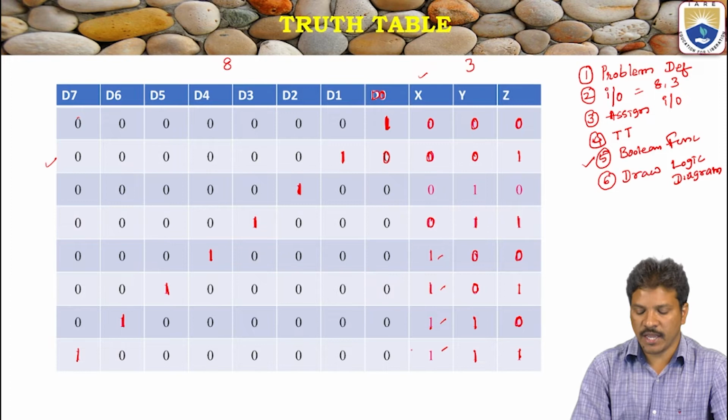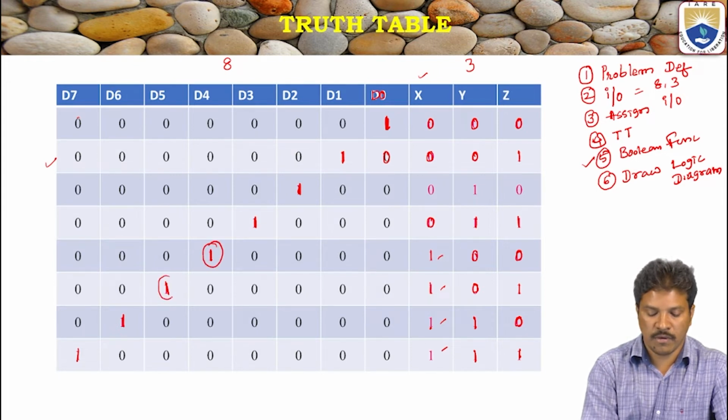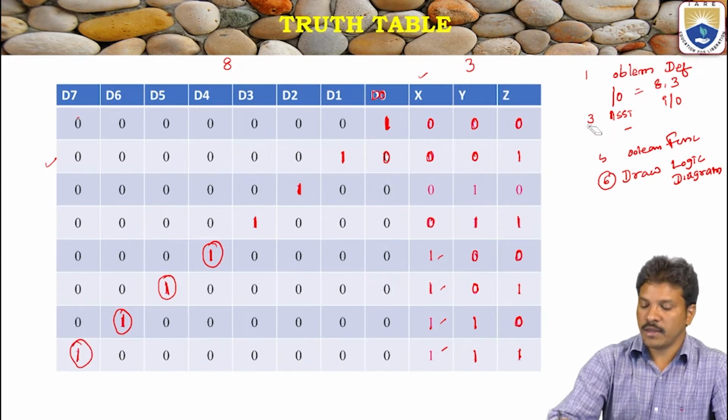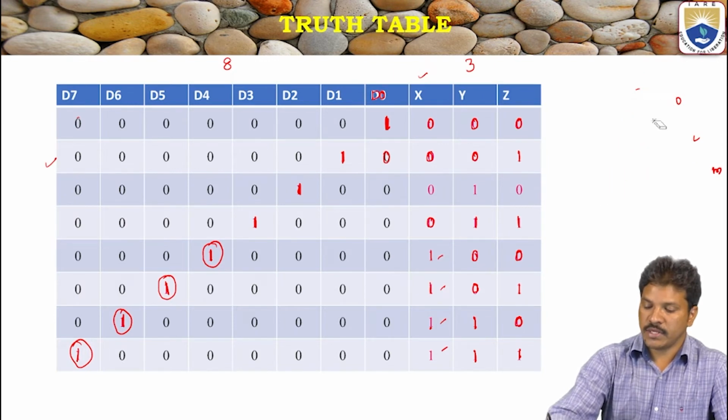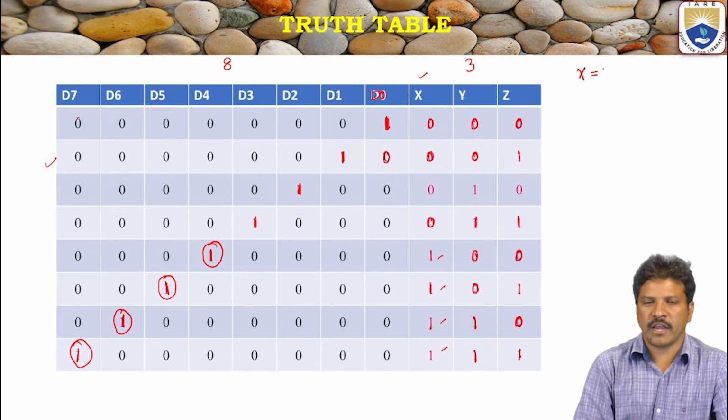What are the corresponding octal elements? Here they are D4, D5, D6, D7. So the Boolean function for x we can write down directly.